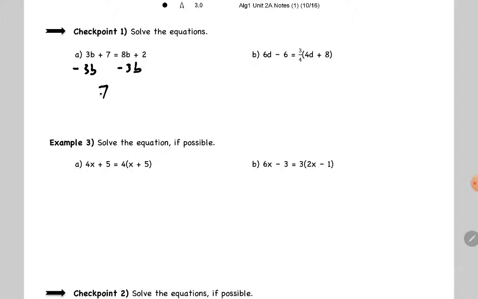So 7 equals 5b plus 2. Now I'm going to subtract 2 from both sides and get 5 equals 5b. 5 is being multiplied by b, so I'm going to divide both sides by 5 and get b equals 1.